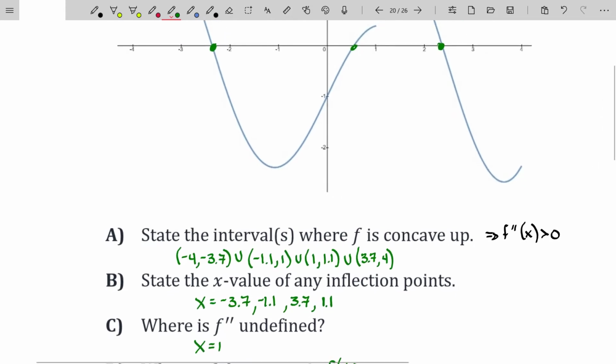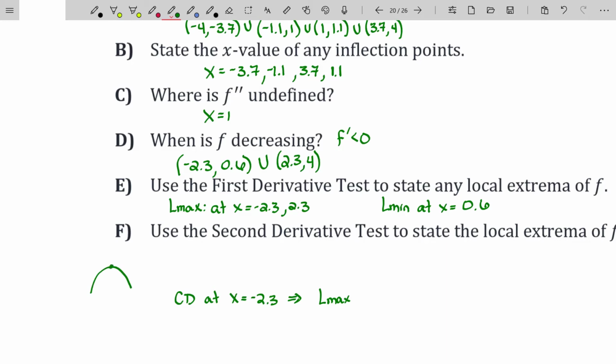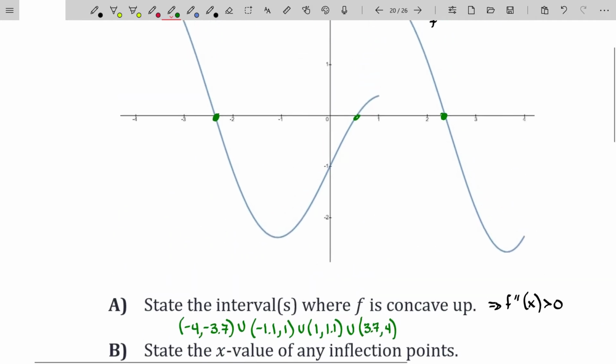Well, negative 2.3 is not in that interval, so it must have been concave down. So concave down at x equals negative 2.3 implies local max. All right, concave down, slope of 0. There you go. Next one.